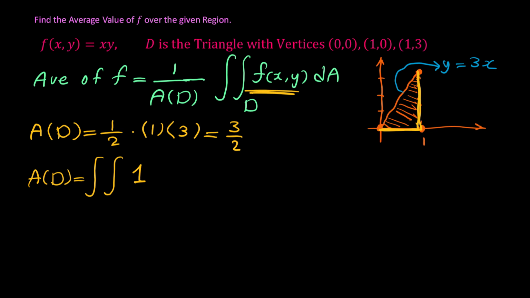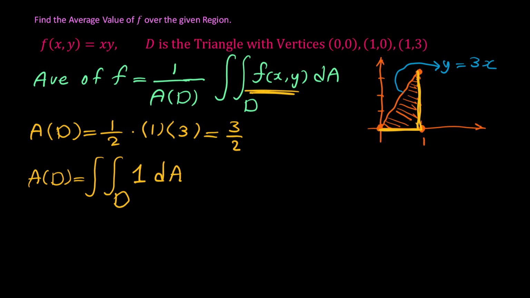Whenever we are finding double integral of 1 dA over a region, let's say that region is D, this gives you the area of that region. So this is something that is good to know. Whenever the function that we are finding its double integral is 1, double integral of 1 would give you the area of the region.